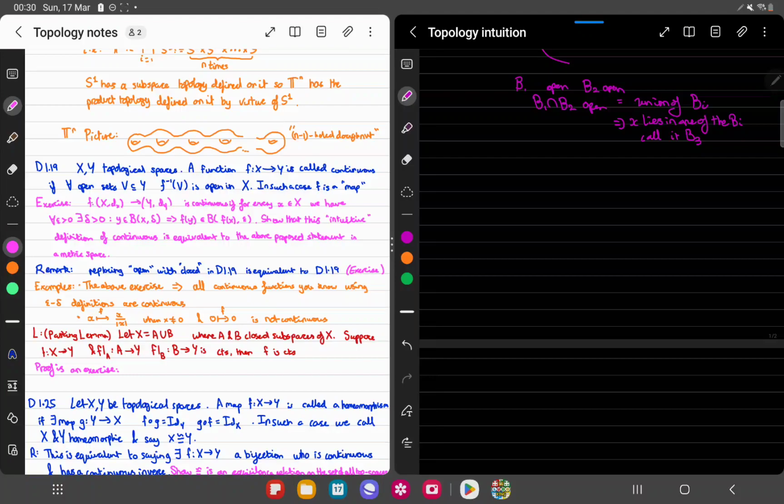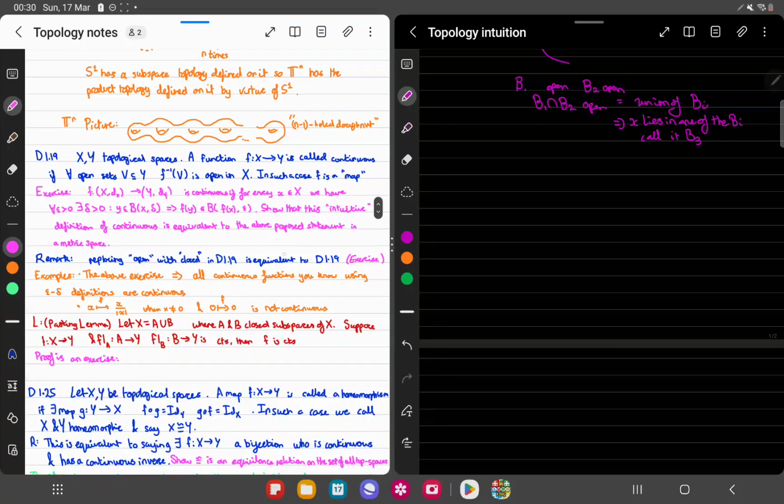And I've left it as an exercise to argue that this notion of continuity that we have in a metric space, which is defined through balls, is equivalent to the proposed statement.